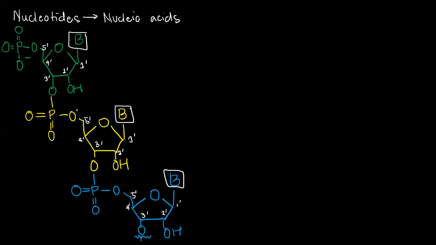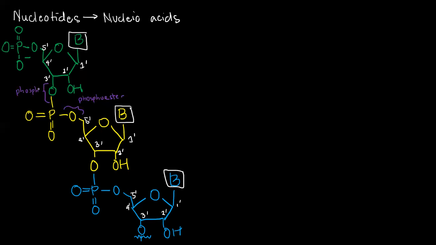Now, remember, the bond here between this 5 prime carbon and the phosphate, based on the previous recording, is called a phosphoester bond. Okay, which, again, when you say it's a phosphoester bond, it's a bond between the sugar right here and the phosphate. Now, in that sense, wouldn't that also mean that this bond right here is a phosphoester bond?